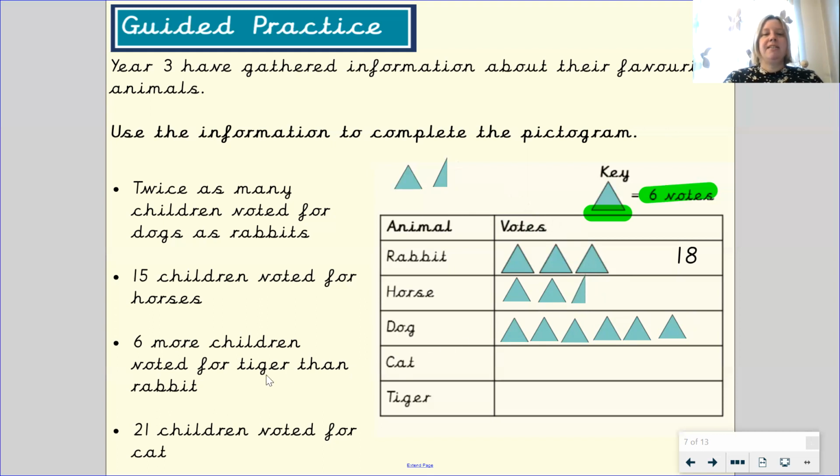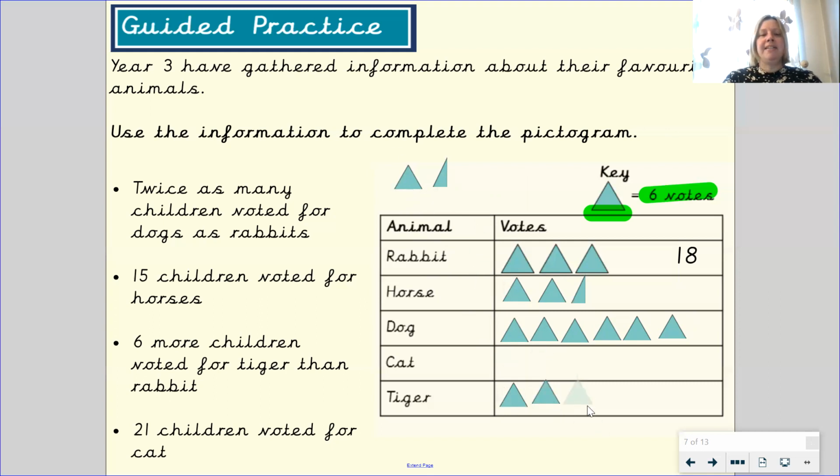Let's have a look at our next statement. 6 more children voted for tiger than rabbit. Okay, so I know 18 children voted for tiger. So I can represent this on my pictogram. 6, 12, 18.